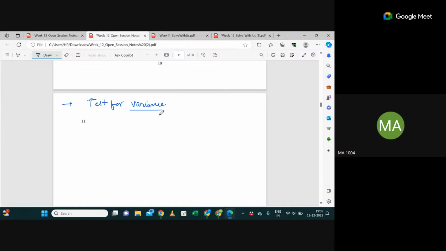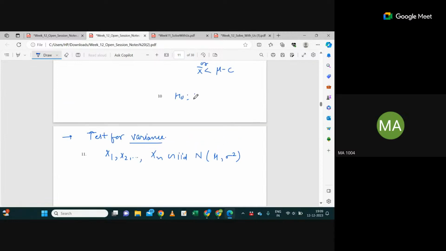Let me give you some rough idea. Suppose x1, x2, and so on are all IID normal with mean mu and variance sigma square. So far we have defined H naught as mu equal to mu naught, and H A as mu greater than mu naught, or mu less than mu naught, or mu not equal to mu naught.